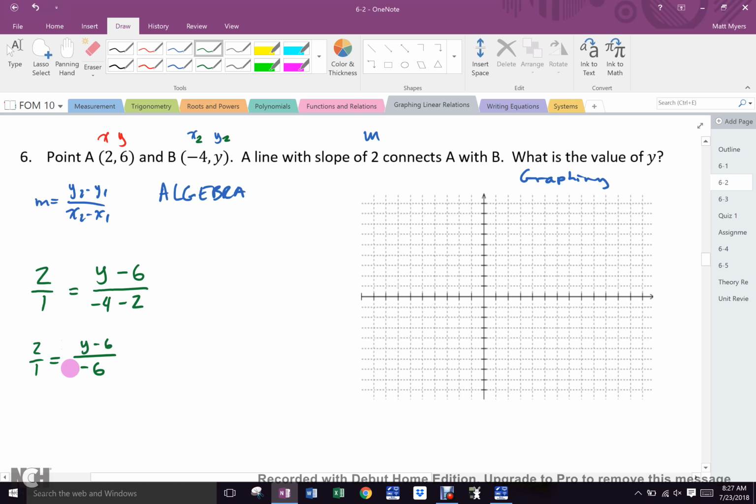Now, who remembers how to solve one of these? There's a shortcut to solving it, and then there's a long cut to solving it. Does anybody know how to solve this?